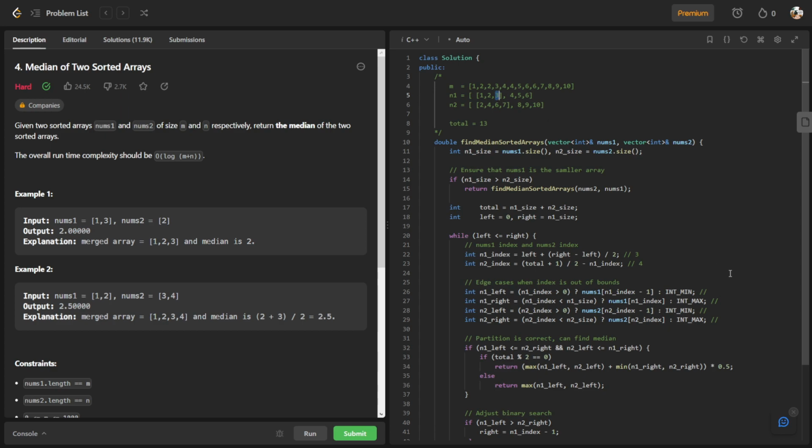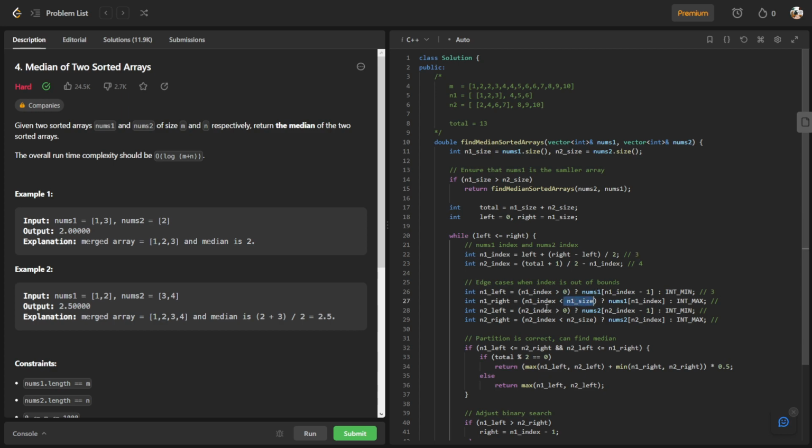And then, so this is basically 3, right? Okay, and then this is the right side. So the right side will be n1, 3. Okay, right. So in this case, our n1 index 3 is lesser than n1 size, right?